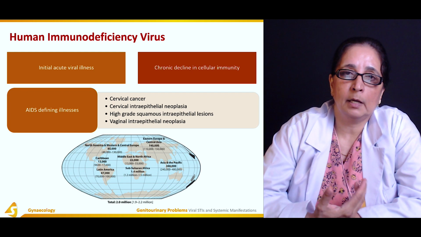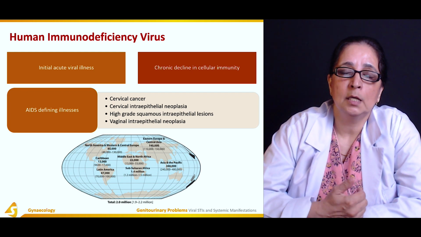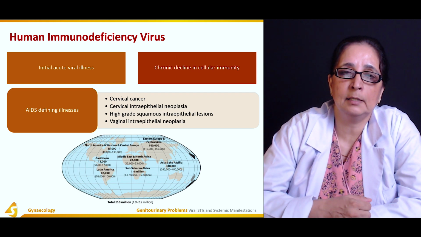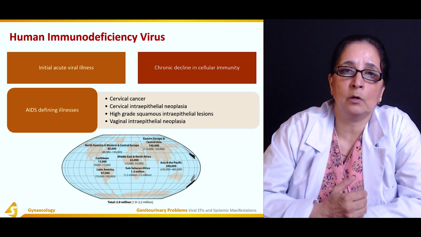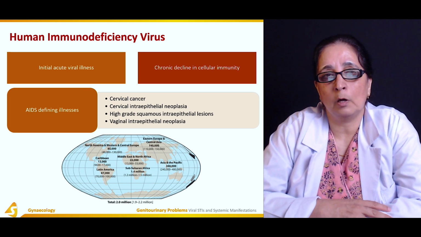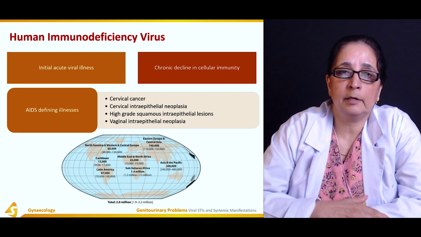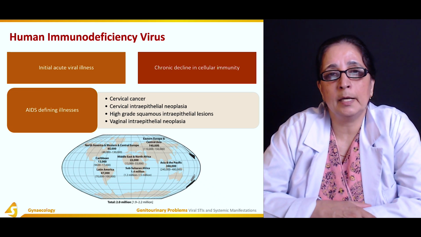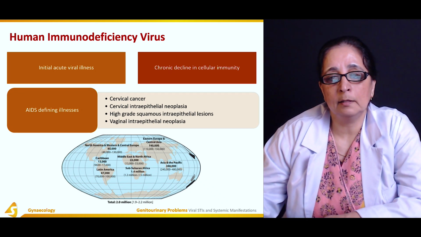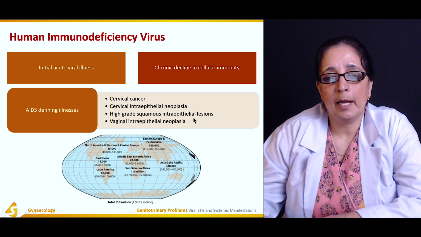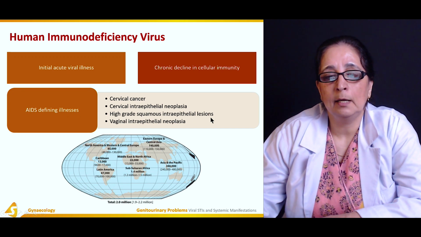Once the immunity becomes very low, the immune system becomes so weak that it starts affecting or eating the body's own cells or tissues, and causes different system involvement slowly because of the decrease in the immune system. Some common diseases in AIDS are cervical cancer, cervical intraepithelial neoplasia, high-grade squamous intraepithelial lesions, and vaginal intraepithelial neoplasia.